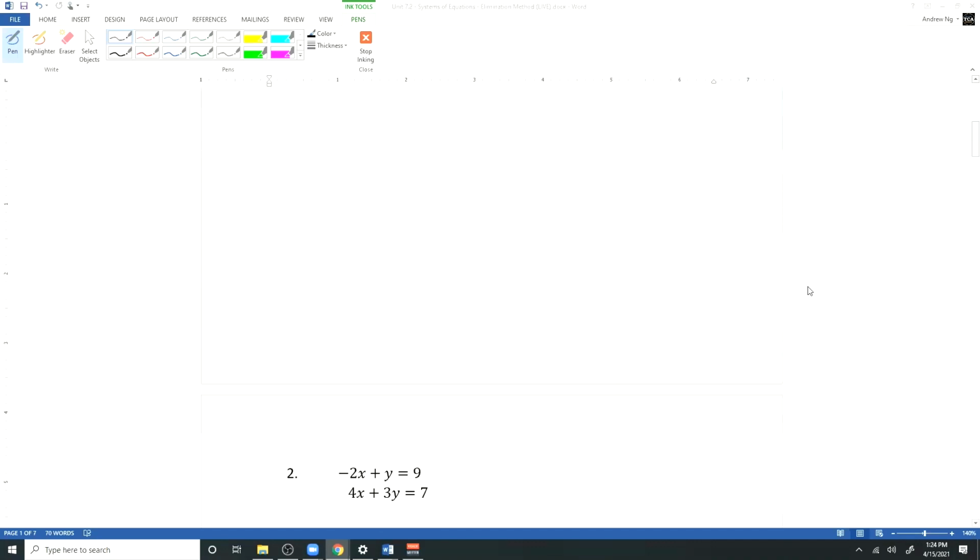All right, so let's take another look at a problem like this with problem number 2 here. I've got negative 2x plus y equals 9, and 4x plus 3y equals 7. Go ahead and write this down.